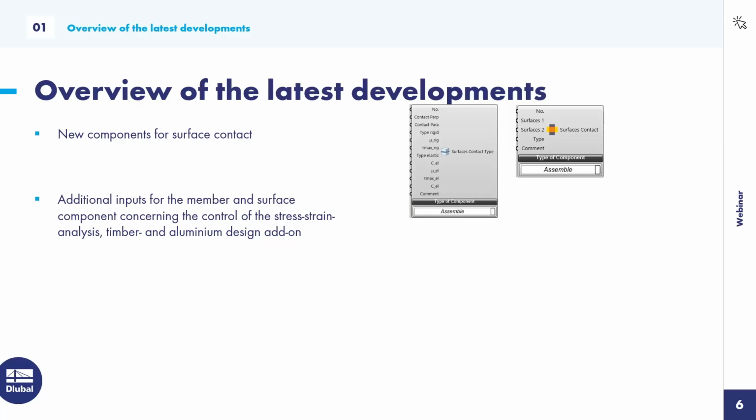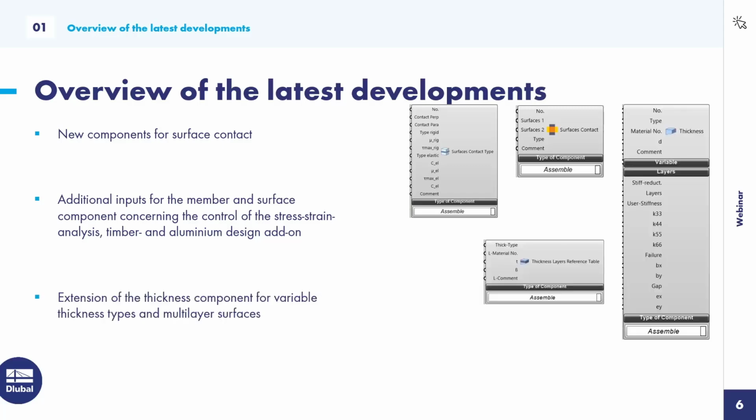We also extended the member and surface components with additional inputs for the stress-strain analysis, timber, and aluminum design add-on. How you can control these add-ons I will show afterwards. I think the key feature here is the template functionality that we implemented a while ago into our export component.